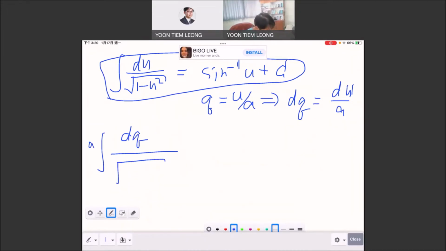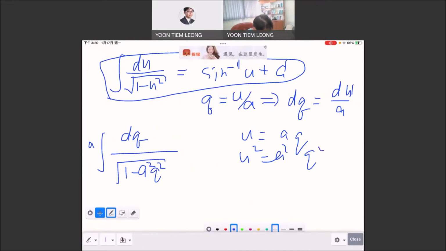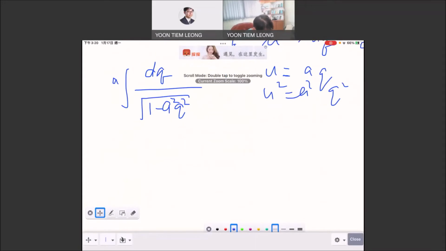So u is just aq, right? Easily, u squared is just a squared times q squared. So on the left hand side, I'm still working on the left hand side, it is then equal to a times dq.